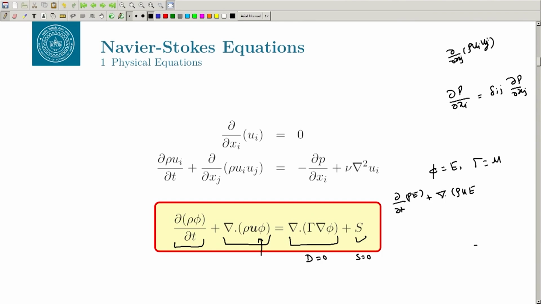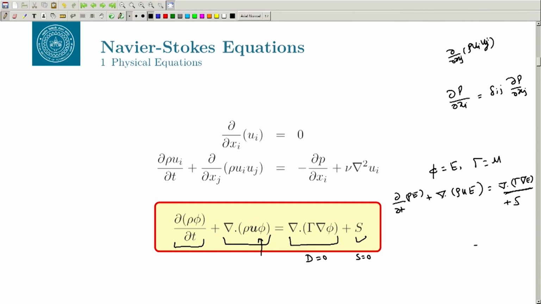So, you can basically club them together, right. So, this will become del dot rho u e is equal to del dot gamma del e, okay, and this is the work done due to stress, okay, and plus the source term. The source term of course will vary between your energy conservation, mass conservation and momentum conservation.